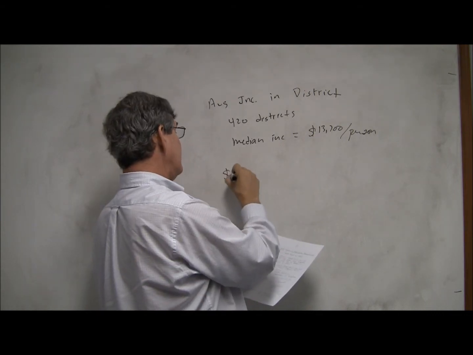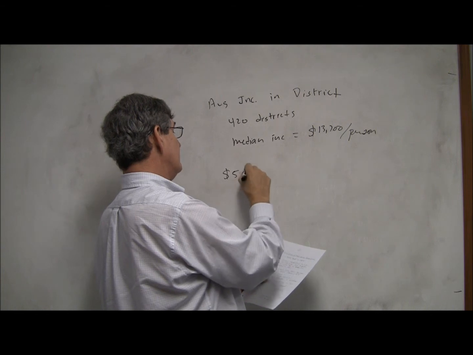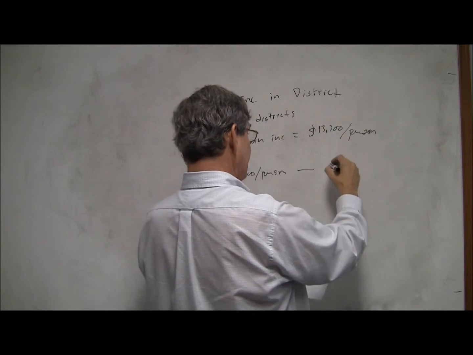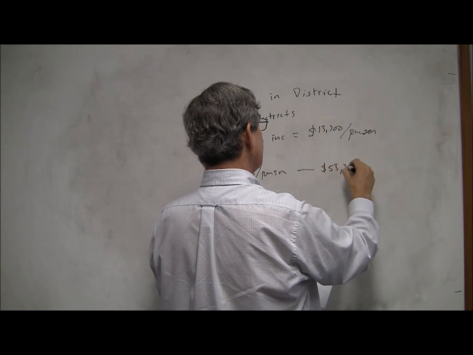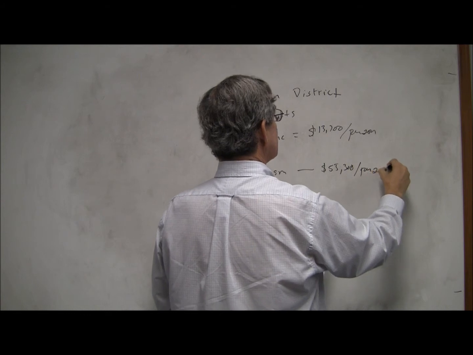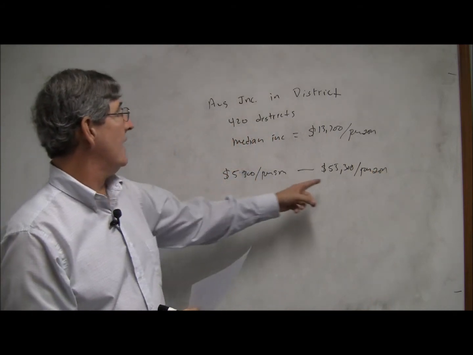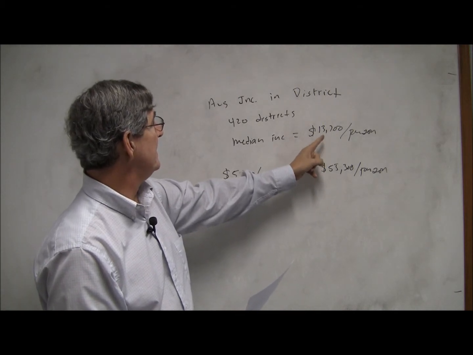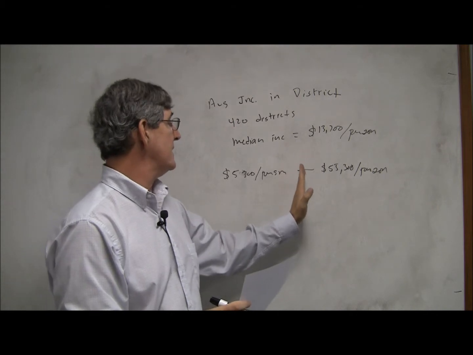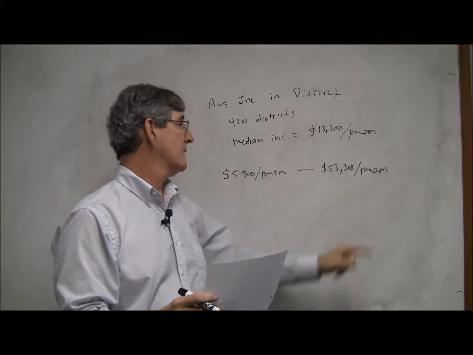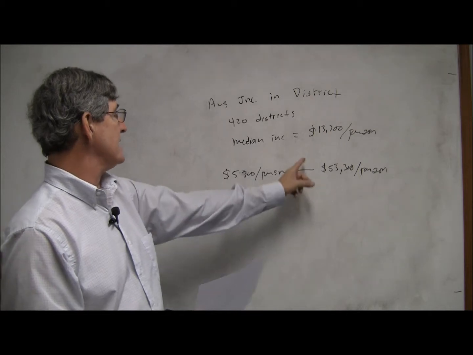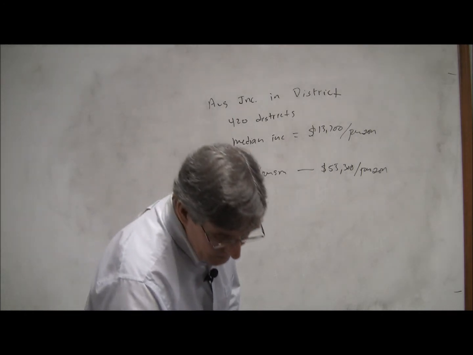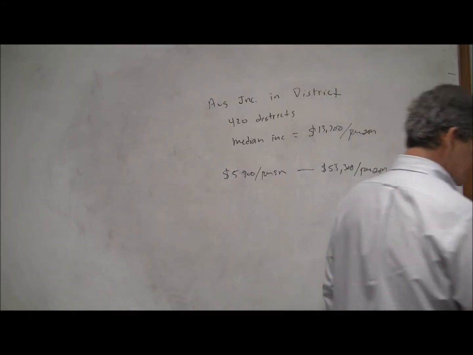And it varies from 5,300 per person to 55,300 per person. So there's a big difference in the income across these districts, from 5,300 to 55. The median is 13, so you can see that it's really skewed towards the higher end because the halfway point's not halfway between them. But anyway, those are just some characteristics of the data.